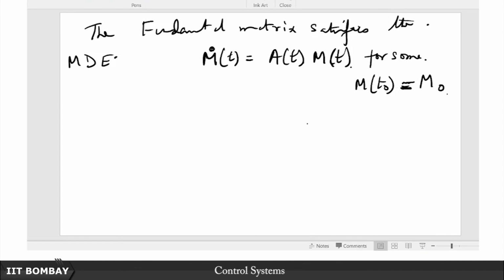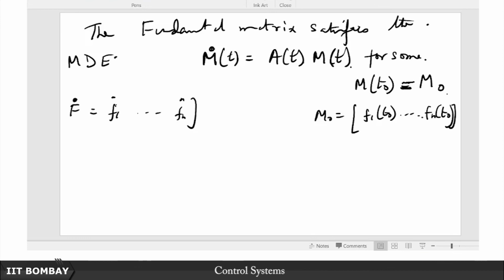Because obviously you take M0 to be equal to f1(t0) till fn(t0), and then you differentiate this matrix column-wise, entry-wise. So you take F dot, which is f1 dot till fn dot, and this is nothing but A f1 till A fn.